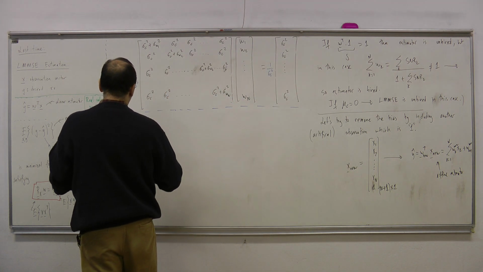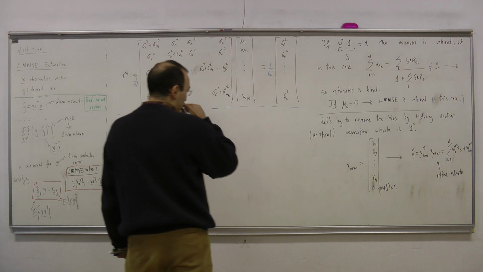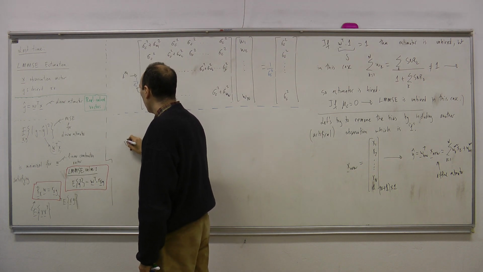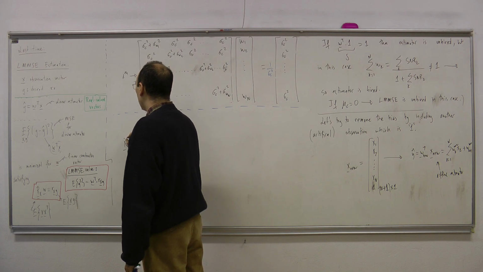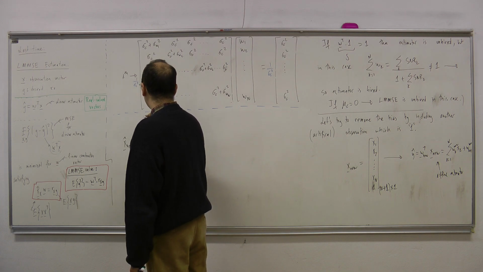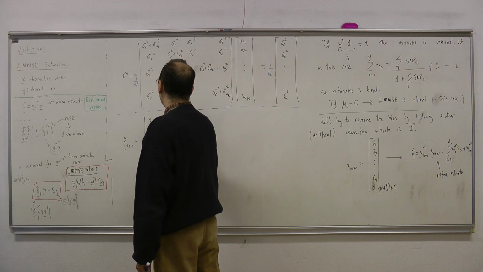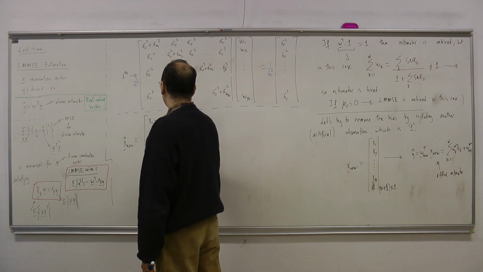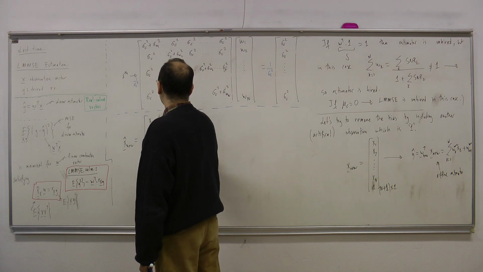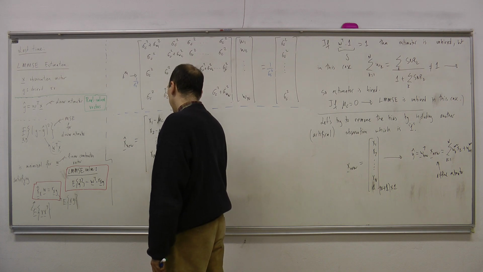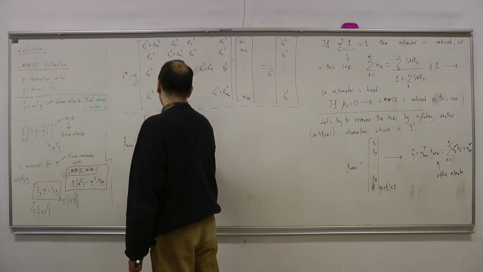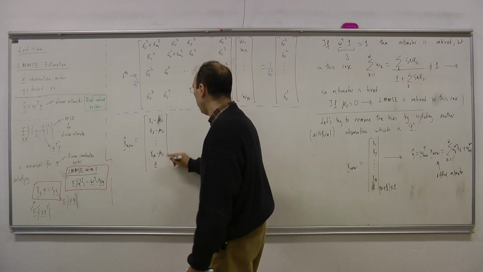Let me define x new hat as x1 minus mu of c, x2 minus mu of c, then xn minus mu of c, and 1. So what do I mean by this?